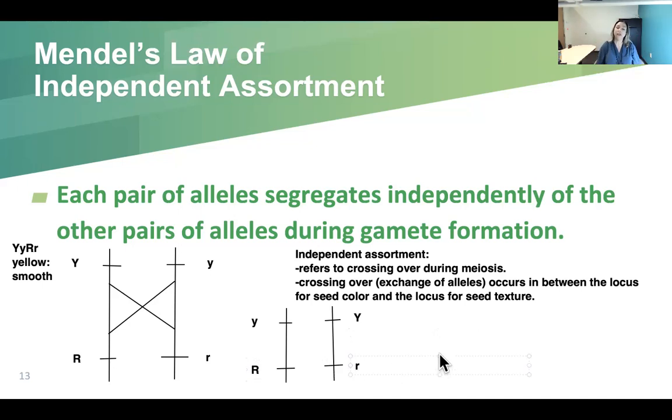So what that means is in the offspring of this cross, you could see a yellow wrinkled seed or a green smooth seed, right? Yellow does not always go with smooth. Green does not always go with wrinkled. You have new combinations of alleles because of independent assortment, right? They're not stuck together. There could be crossing over between the loci.